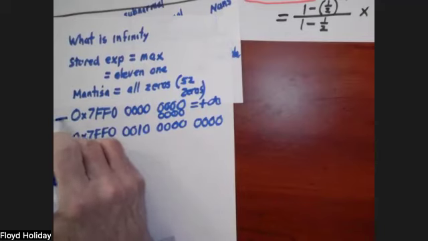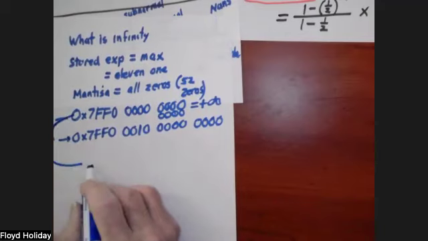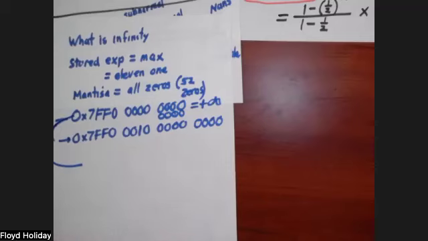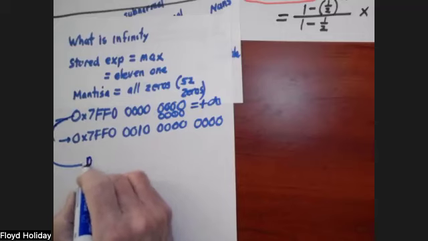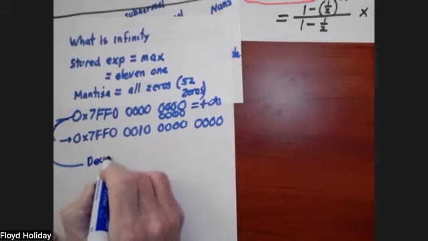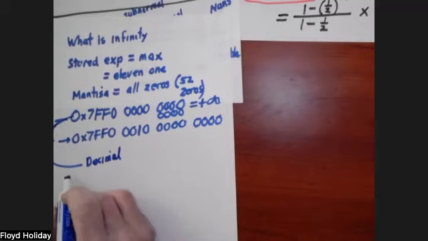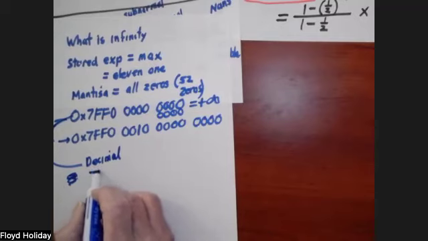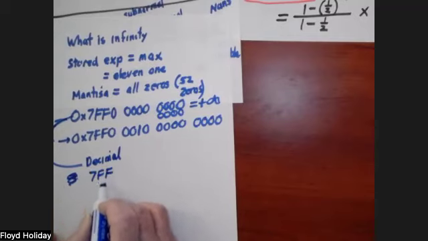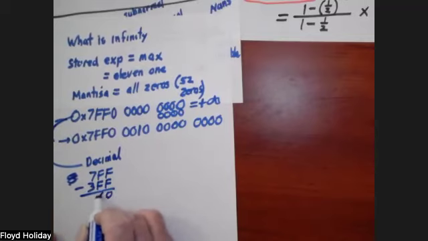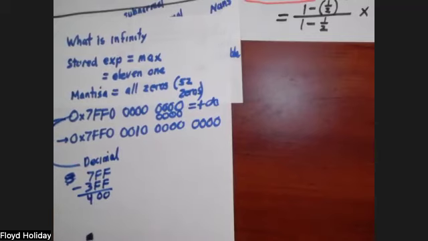Okay. This is usually a homework assignment. How do you write infinity in decimal? Well, you start with the stored exponent and you subtract the bias number, and it's 400.